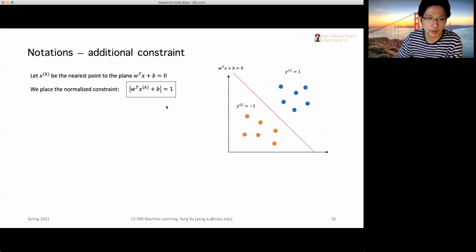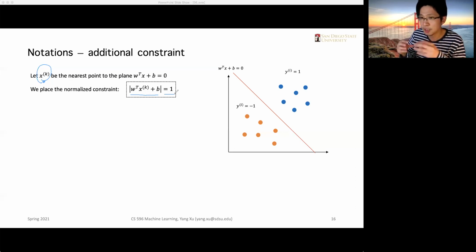We place a normalization constraint on that nearest point: when we plug xk into the linear expression here, we let the absolute value of this linear expression be 1.